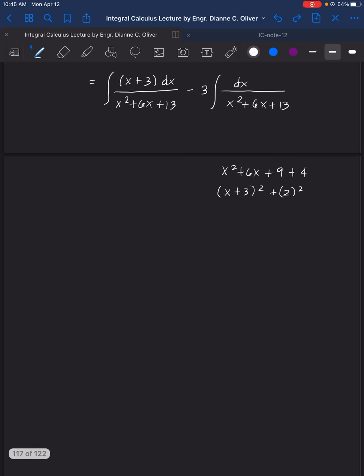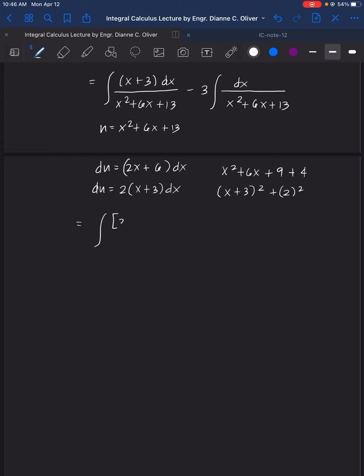Okay, we write again. We have here x. So let's have this also. If u is equal to x squared plus 6x plus 13, then du is equal to 2x plus 6 dx, or du is equal to 2 times (x plus 3) dx. Okay, right?